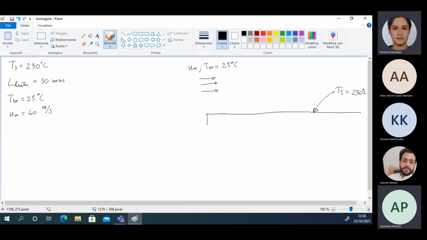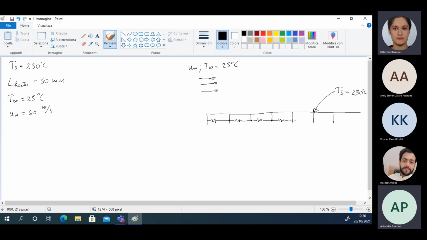So I have to apply some electrical heaters to my plate, because I want to heat it. I have one heater, another heater, another heater, and so on.